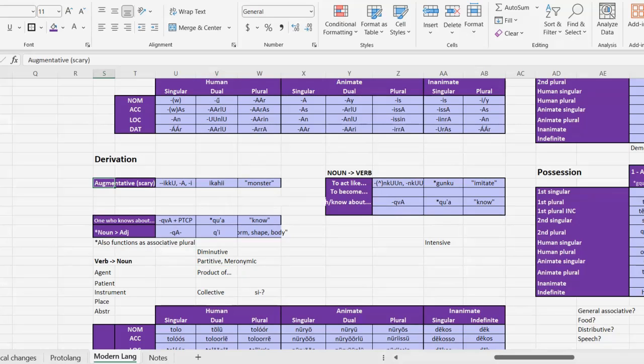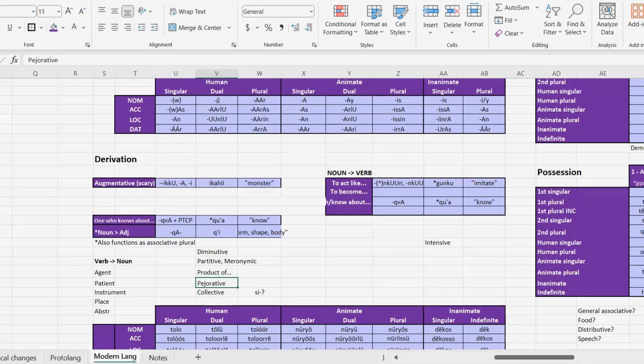And then thinking specifically about how the augmentative sometimes has this overtone of being scary or dangerous, the diminutive very often has this sense of cuteness, but it's also totally possible for there to be a separate pejorative affix that just means that the thing is in some way not good.